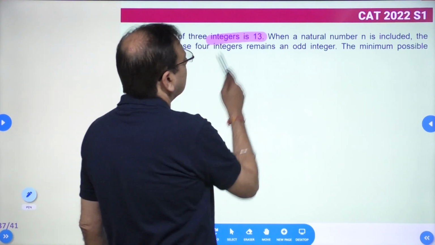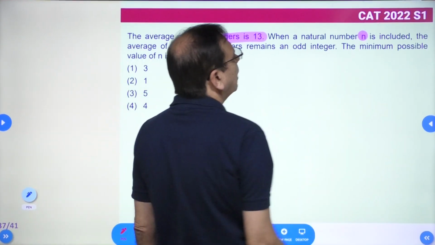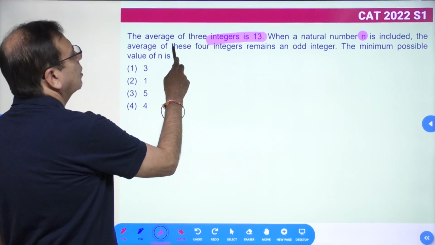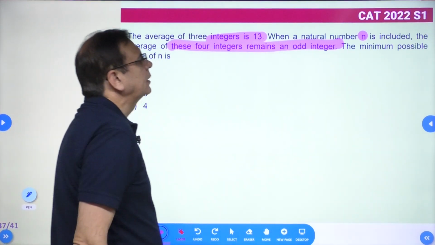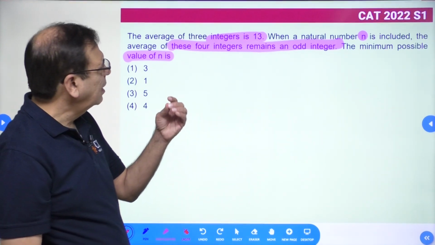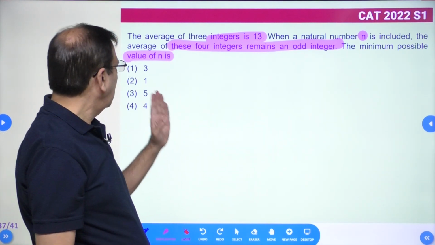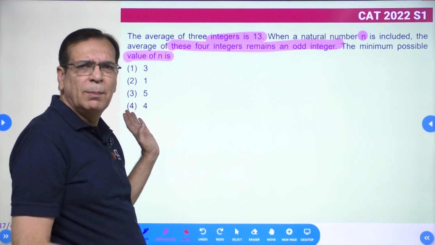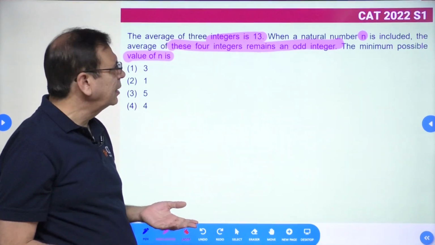Average of 3 integers is 13. When a natural number n is included, the average of these 4 integers remains an odd integer. What is the minimum possible value of n? Okay. Very, very easy question. And you have choices in front of you also. Make the equation, substitute the choices, check the answer.